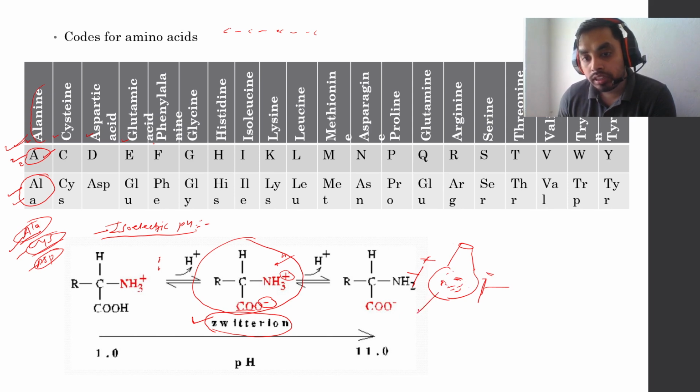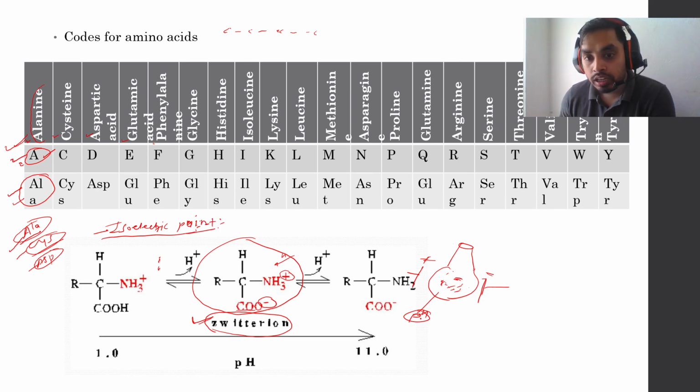Obviously this solution will have a certain pH. So the pH at which the internal charge of this Zwitter ion balances, remember, we talk about pH in isoelectric point.